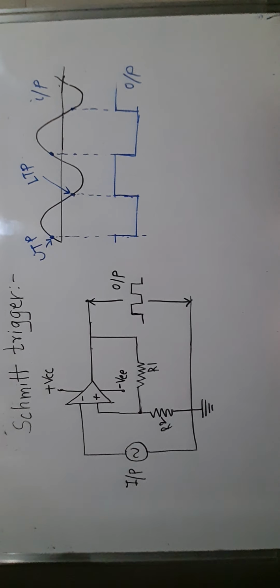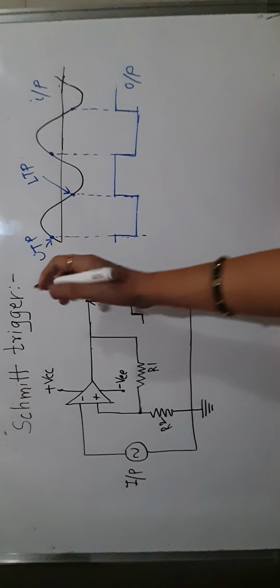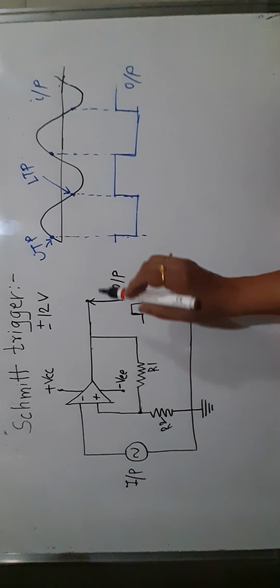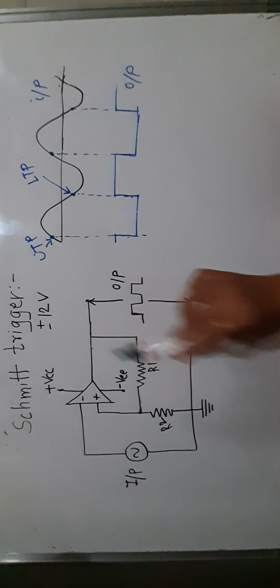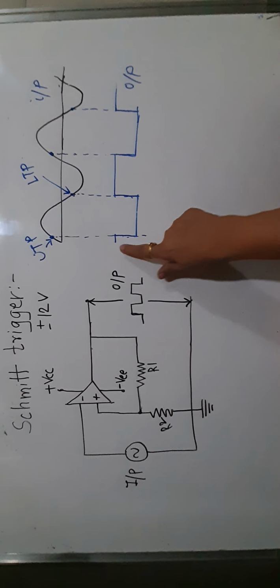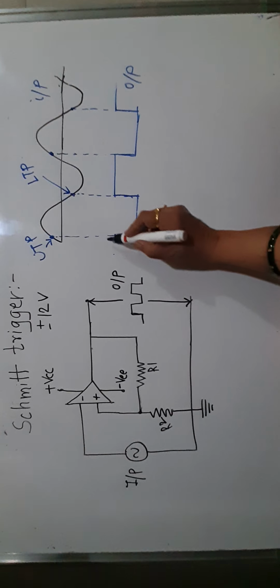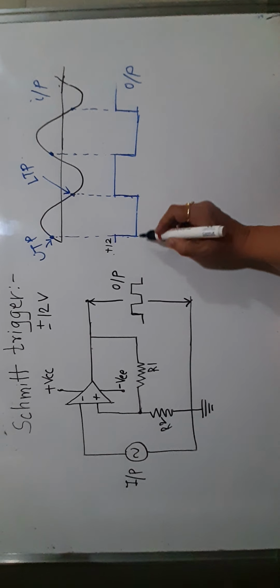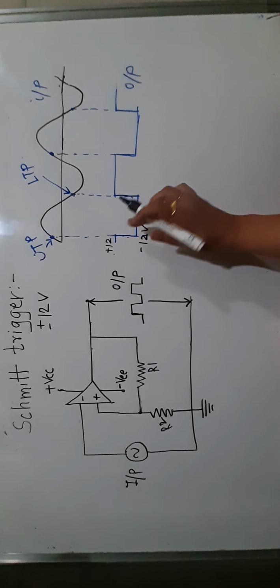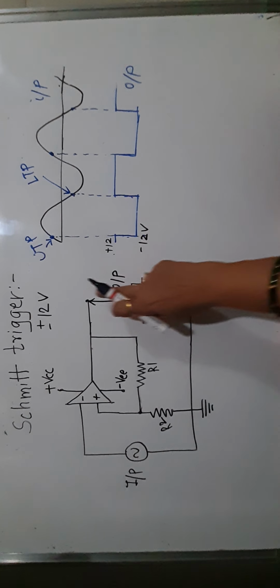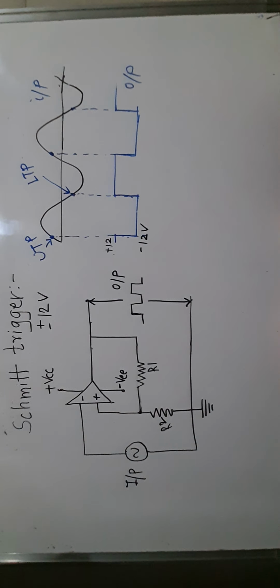So if we assume the supply voltage is plus minus 12 volt, then the output will be plus 12 volt or minus 12 volt. According to that, we get the output as a square wave.